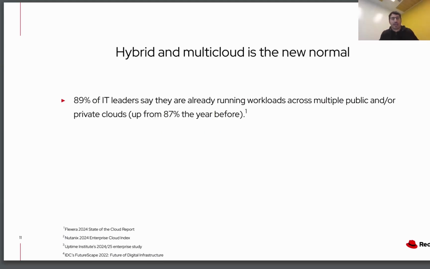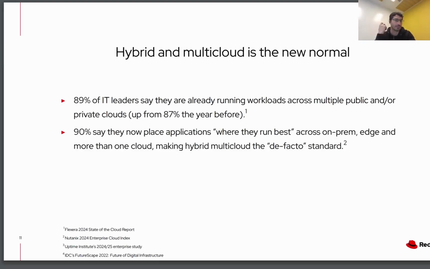So hybrid cloud and multi-clouds is the new normal. There are a few stats, but 89% of IT leaders say that they are already running on multiple clouds. Those can be either public clouds, private clouds, or a mix of the two. And this is going up. 87% it was last year, so this is increasing. 90% of the people say that they want to run the application where it runs best. This can be on-prem, on edge, on cloud, and anything else.